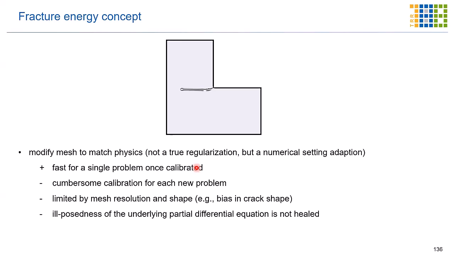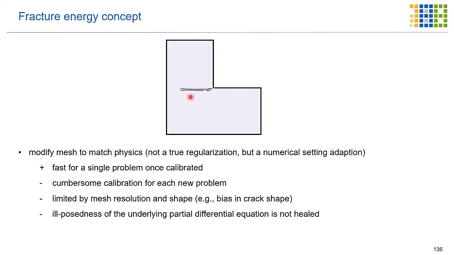For another problem where the crack or the damage zone may evolve in another direction, or if you have another geometry, another load type, you need to do that again, because it's usually not a very transferable approach. It's limited by the mesh resolution and the shape, so you can have a bias in the crack or damage shape.